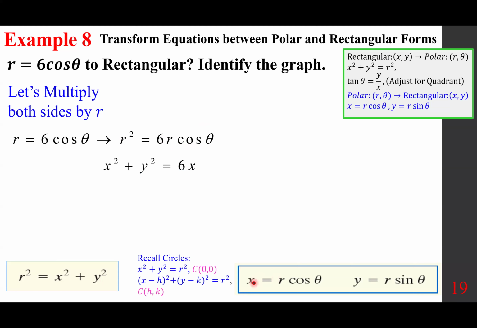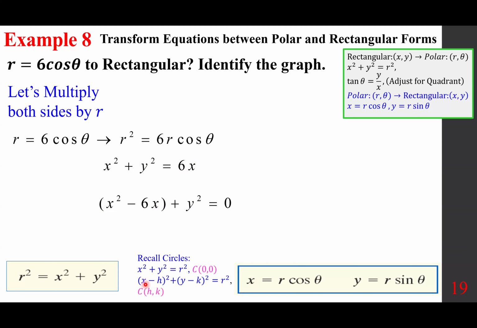And we are going to work on that. So we are going to move 6x to the left and put it next to x squared.